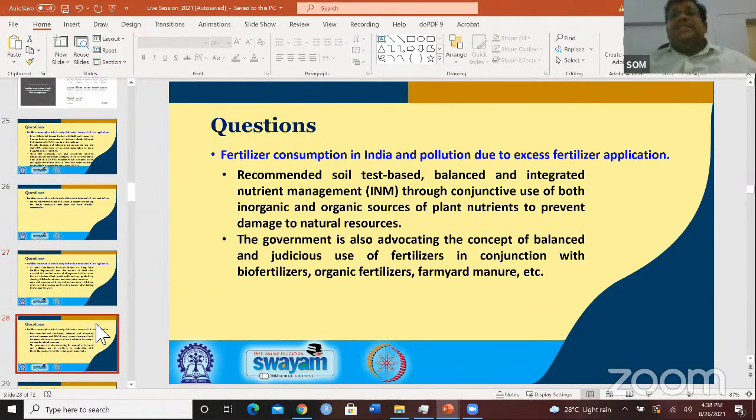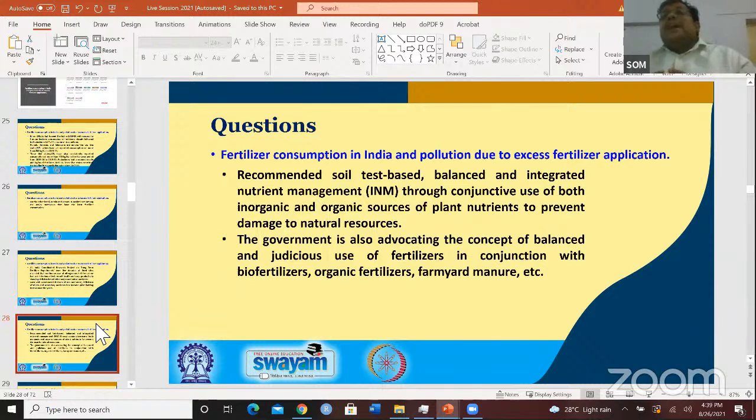Now the next question. We have seen that the Government of India has recommended soil test based balanced and integrated nutrient management, or in short INM, through conjunctive use of both inorganic and organic sources of plant nutrients to prevent damage to natural sources.